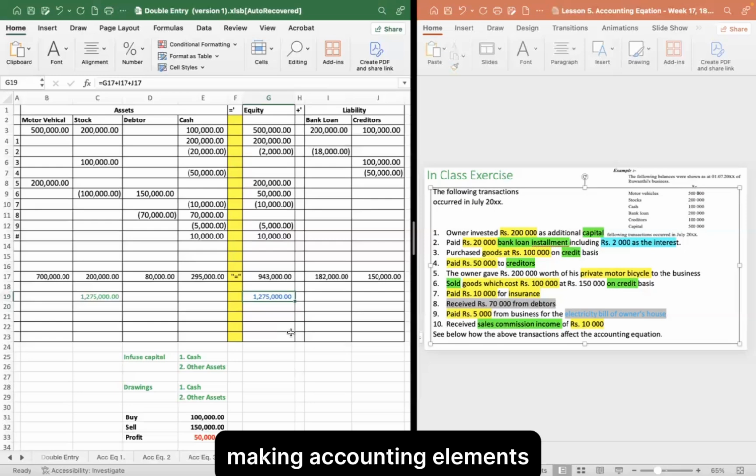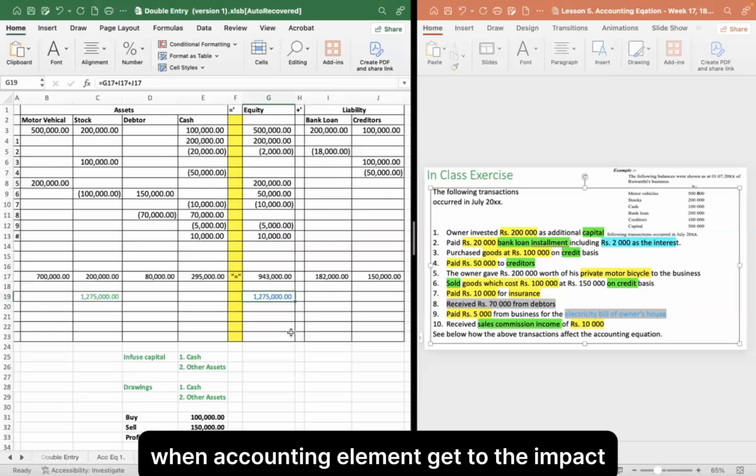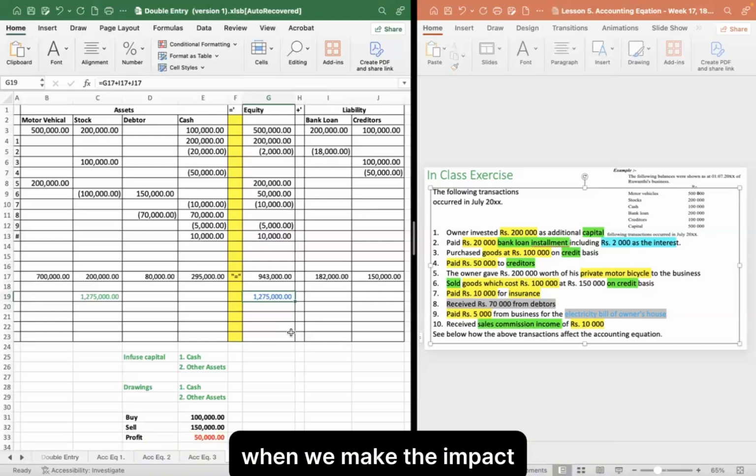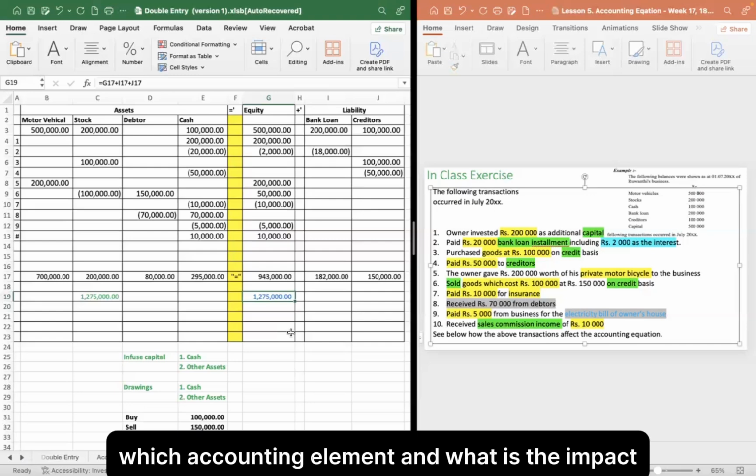Do my accounting elements go up or down? Which accounting element is impacted, and what is the impact?